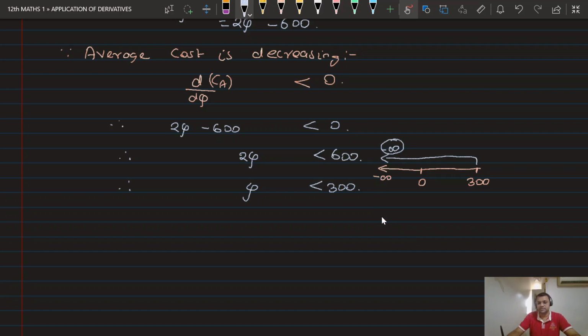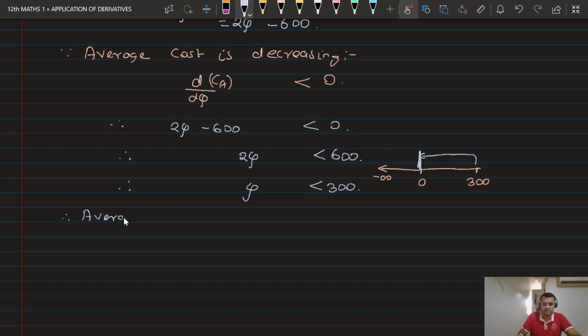But the quantity cannot be negative. Therefore, even if it is going to the left, it will stop at this point. Beyond this, it is not possible.